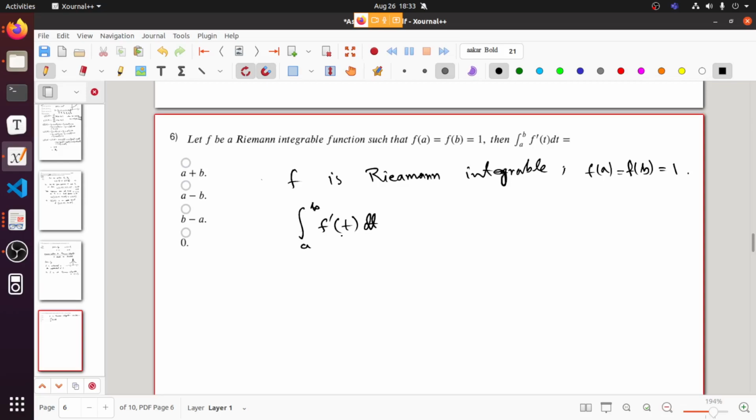Otherwise in general, if f is Riemann integrable, f dash may not be integrable, right? So a priori we don't know. If nothing is given, we cannot say that f dash will be Riemann integrable.